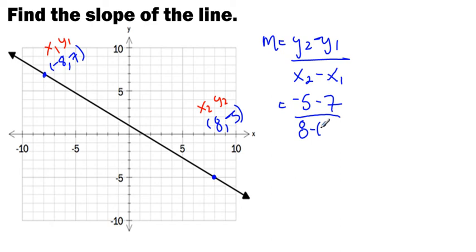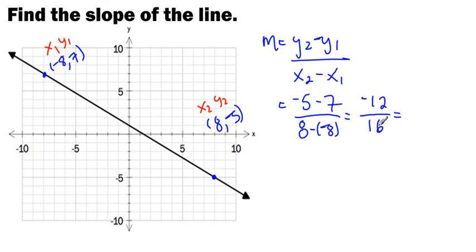Subtract negative 8. So negative 5 subtract 7, that's negative 12, over 8 subtract negative 8, which is the same as 8 plus 8, so we get 16. So we get 12 over 16.